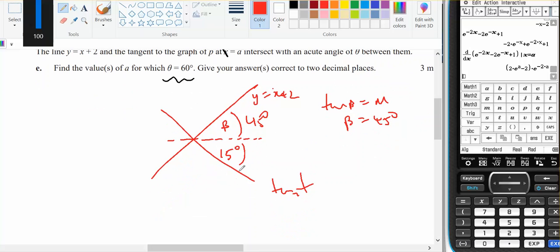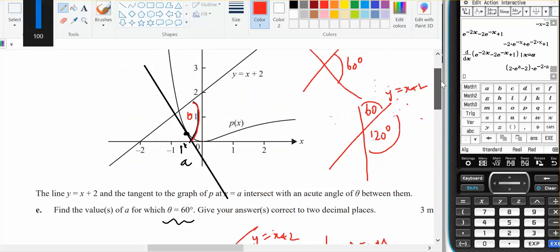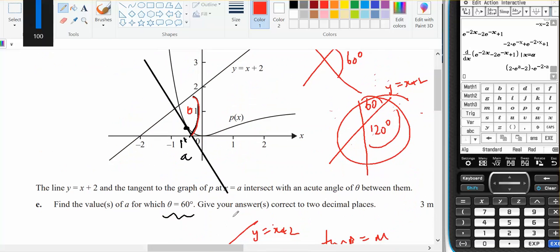But it can also be 120 minus 45. It can be 75 degrees. And that will give me this situation. Because I'm looking for theta, where theta is the acute angle between them. And between any two lines, I can have an acute angle or an obtuse angle. This is 60, and this is 60.